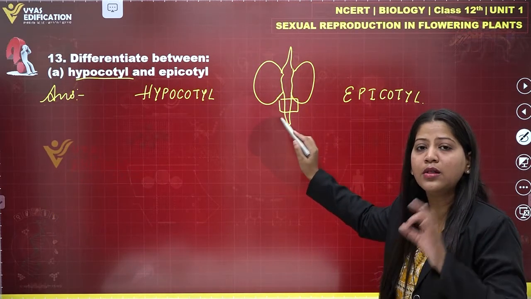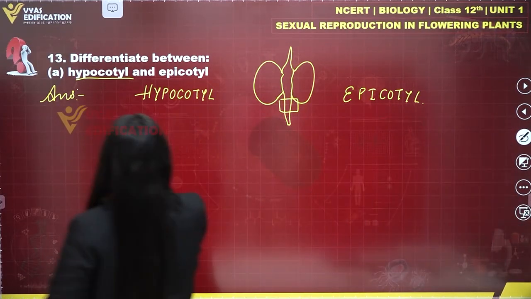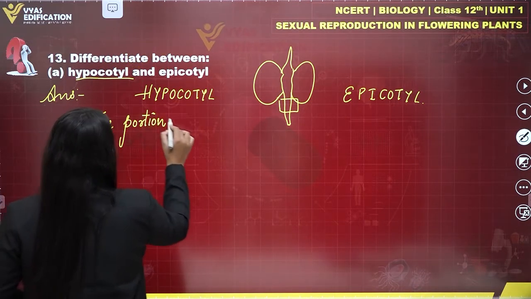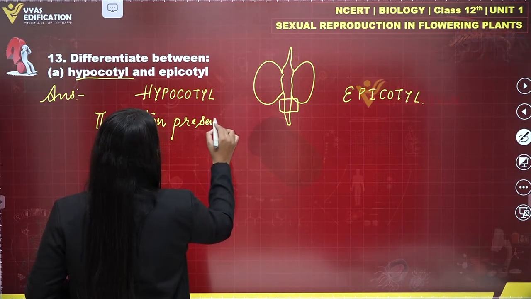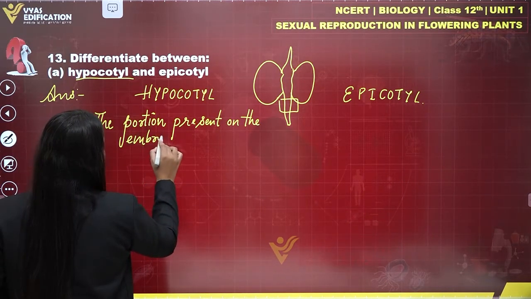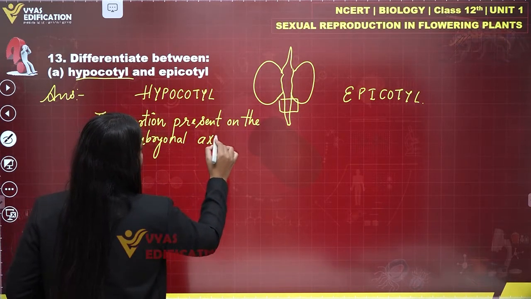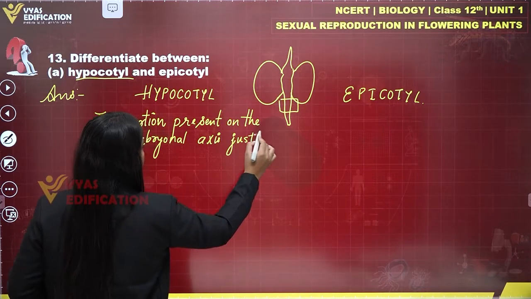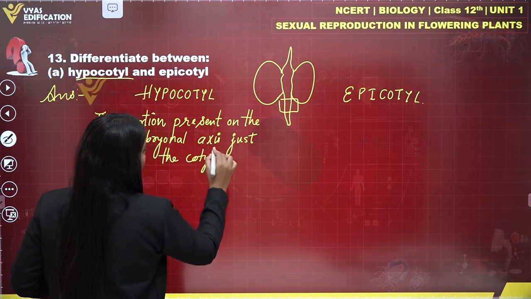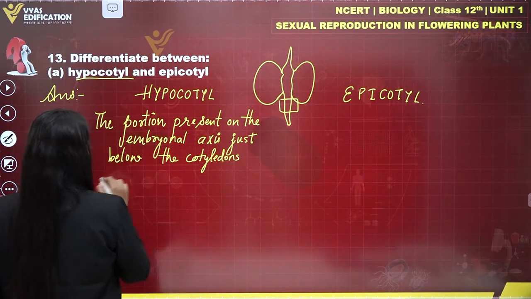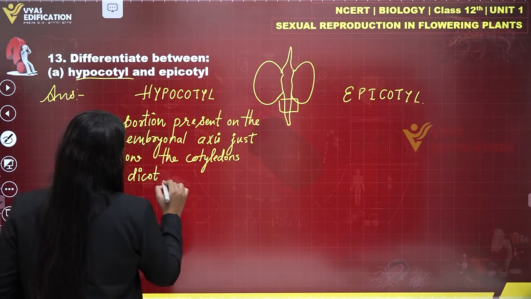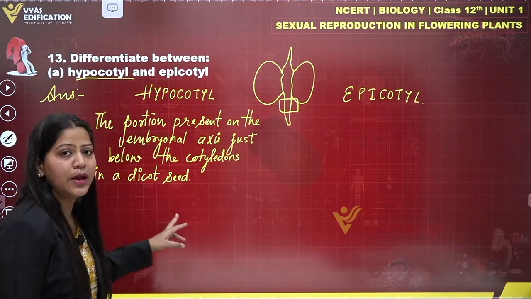In a dicotyledon seed, the portion present on the embryonal axis just below the cotyledons is actually known as hypocotyle.